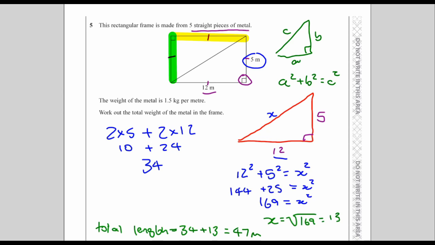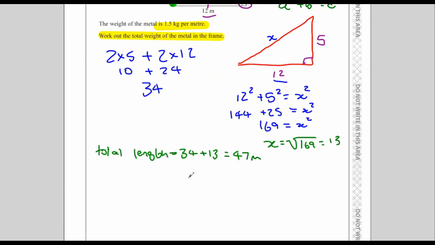Now the question was asking us, work out the total weight of the metal in the frame. Now each meter of metal is 1.5 kilograms. So we need to times 47 by 1.5. That means we want 47 and then another half of it, because this is 1.5.